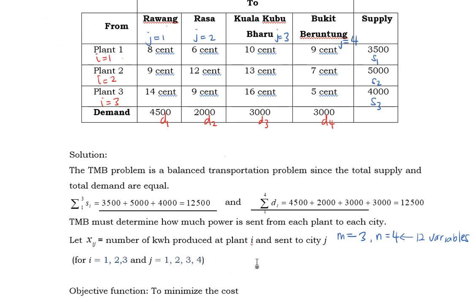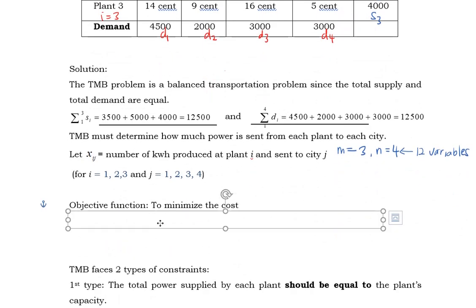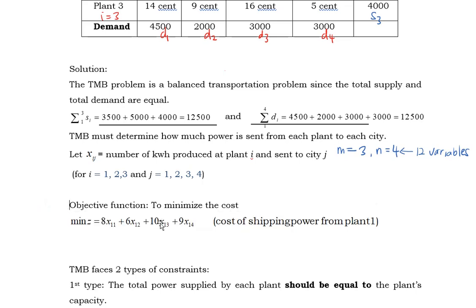In terms of these variables, the total cost of supplying the power demands to the cities may be written as, to minimize the cost, Z equals 8x11 plus 6x12 plus 10x13 plus 9x14.